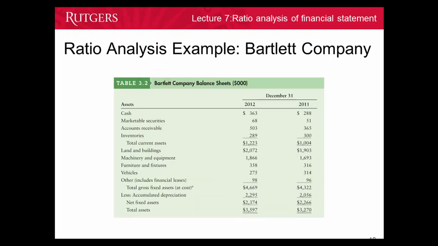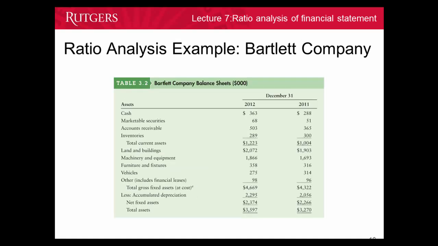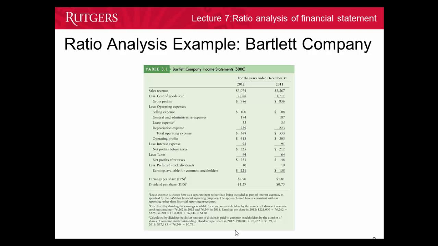It's on the balance sheet, listed here. Shares issued and outstanding for common stock is 76,262. So after calculation, we get earnings per share of $2.9. And actually it is listed on the income statement, the second to last line.